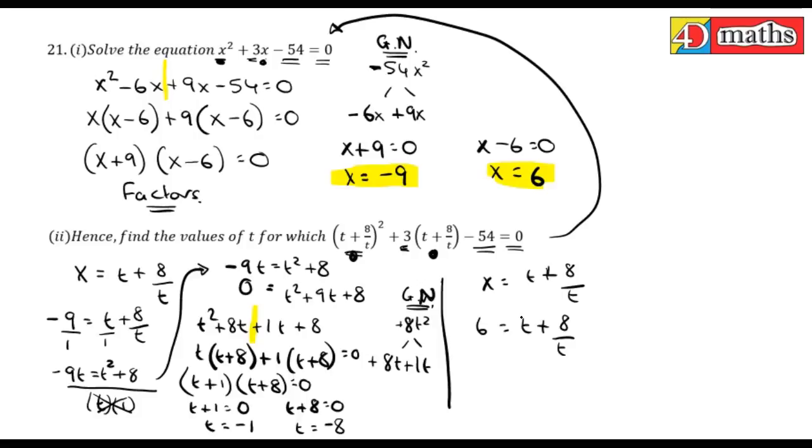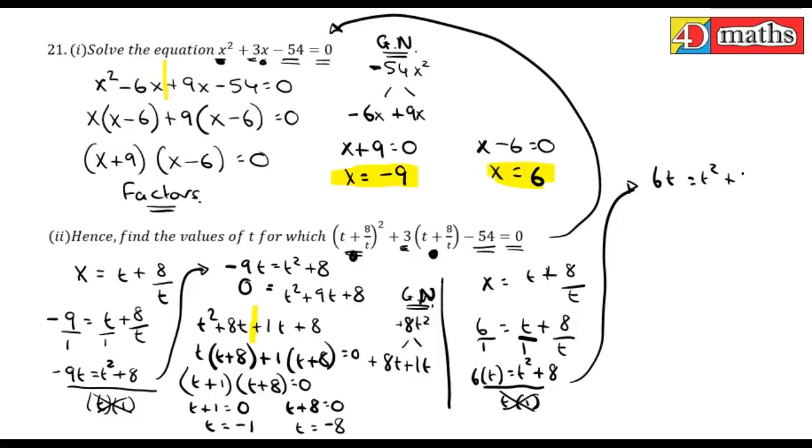And you do exactly the same over here. So really quickly, so that's t and 1. So this becomes 6t equals t times squared, so t by t, plus 1 into t is just 8. Okay? You can ignore the bottom. So this becomes 6t equals t squared plus 8.